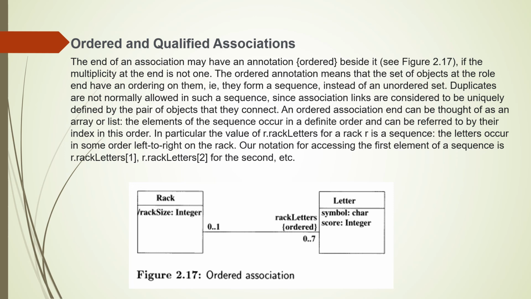In particular, the value of r.rank letter for a rank r is a sequence. The letters occur in some order, left to right on the rank. Our notation for accessing the first element of a sequence is r.rank letters 1, and r.rank letters 2 for the second, etc.